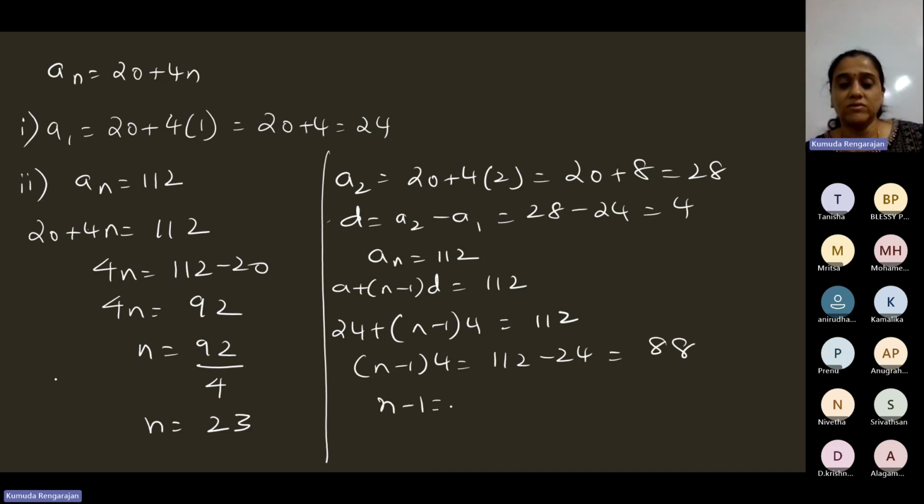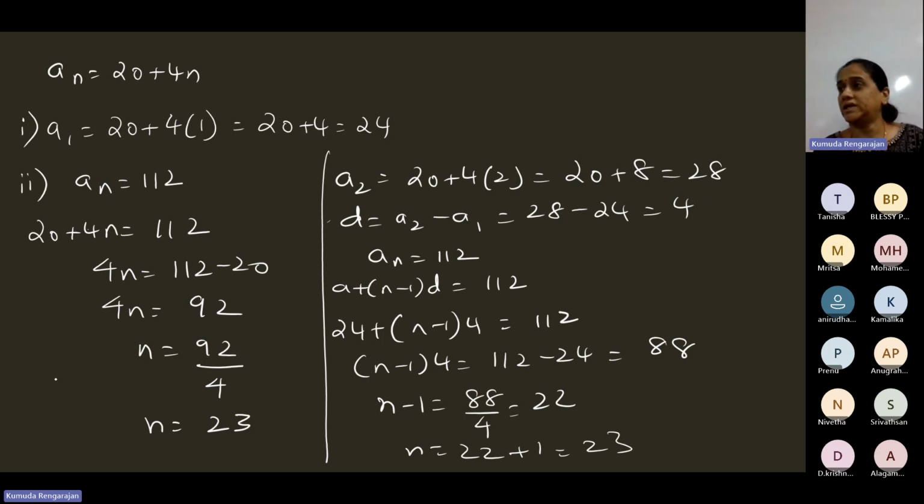So n minus 1 is equal to 88 by 4, that is 22. So n is equal to 22 plus 1, which is 23. This is what we normally do. Then you have to find d.